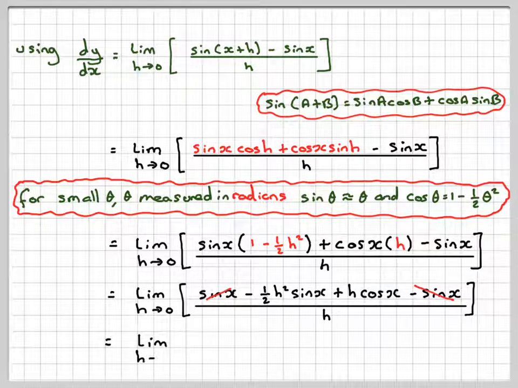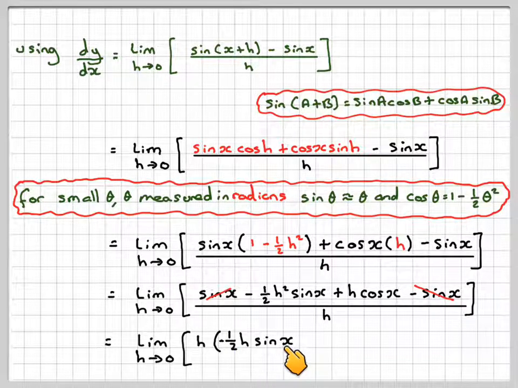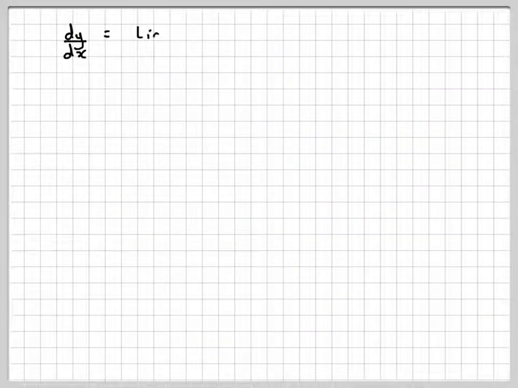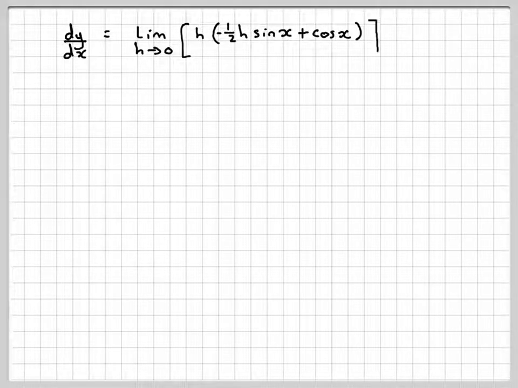And if we now take out a common factor of h from the numerator, that's going to give me h times minus a half h sine x plus cos x, over h. Now we can cancel the h's because h is very close to 0 but not actually equal to 0. So the h's will now cancel out.